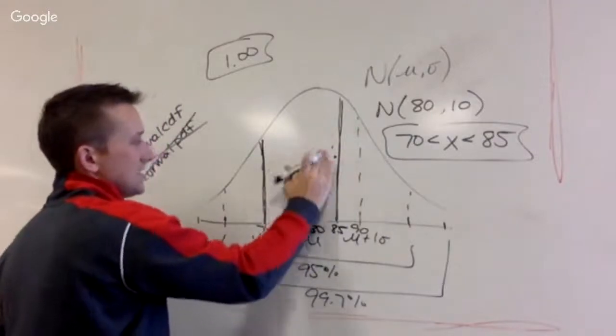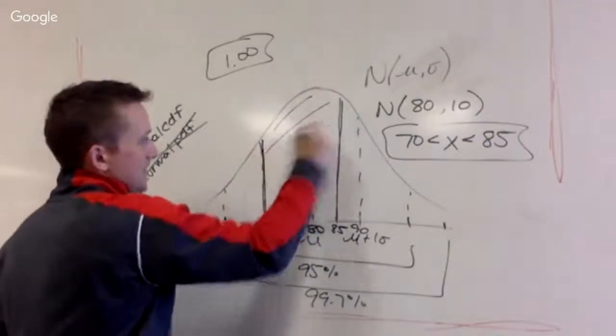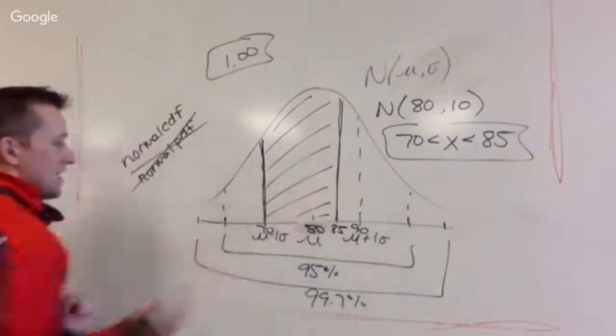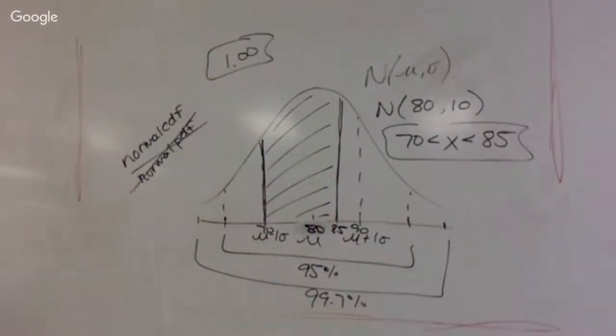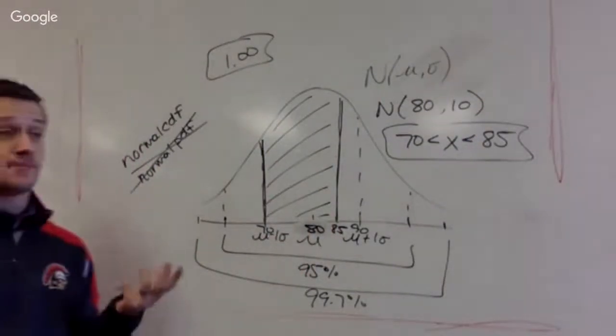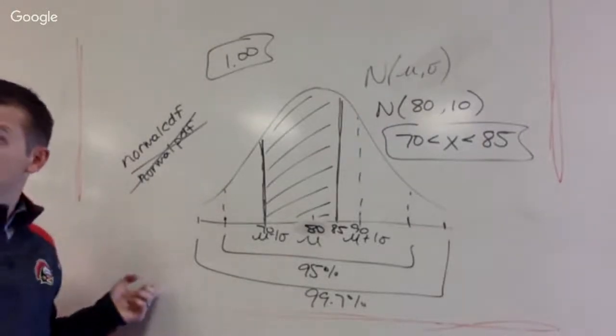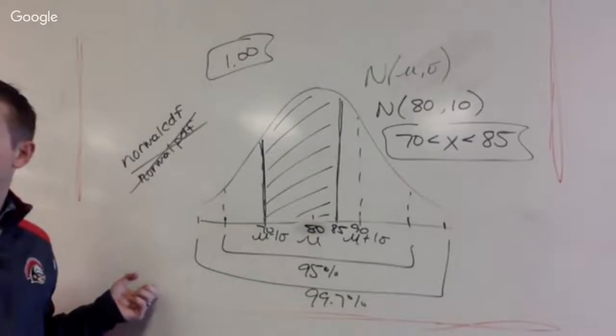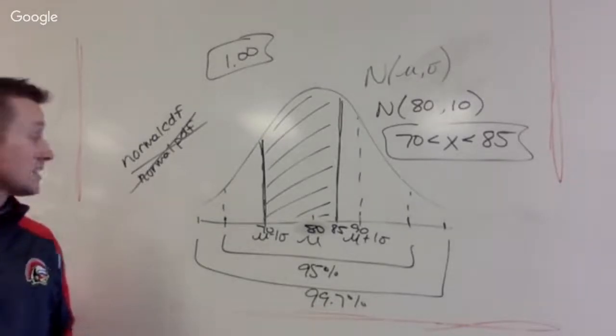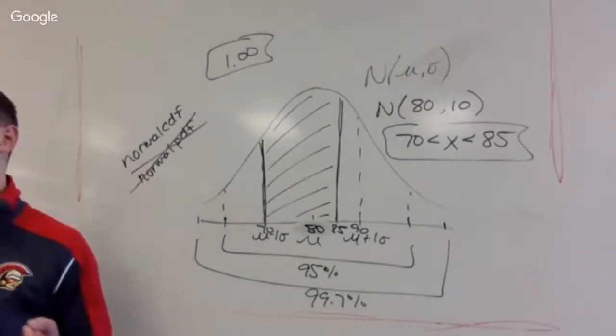Take out the 68 because this doesn't apply. But I'm really shading that area in there. Now, if this was a multiple choice question, it doesn't really matter to show work. You'll just go to normal CDF, lower bound, upper bound, mean, and standard deviation. But in an FRQ, we have to establish context.